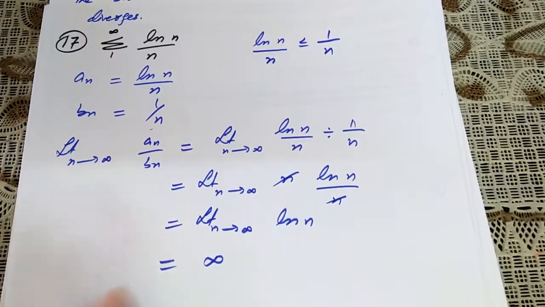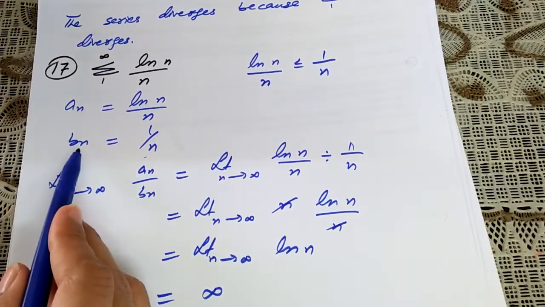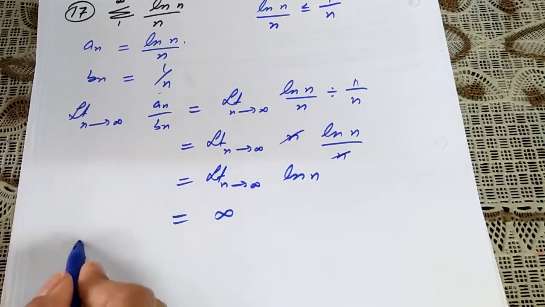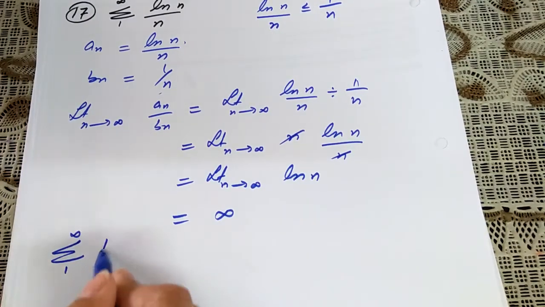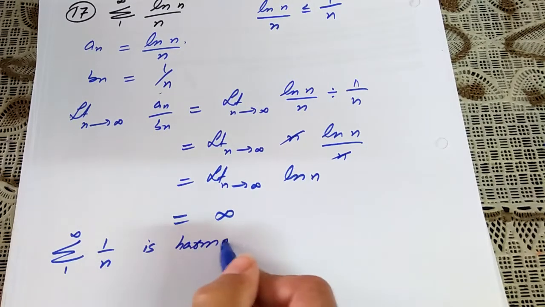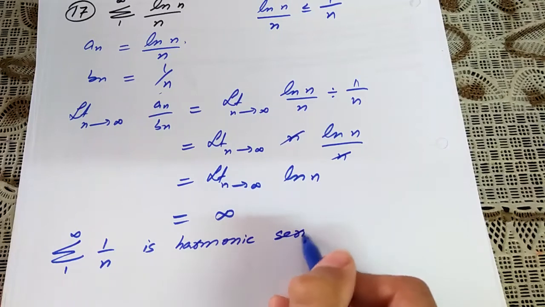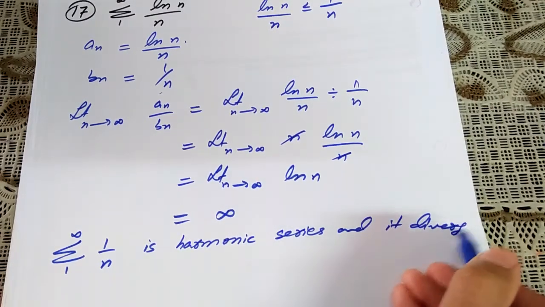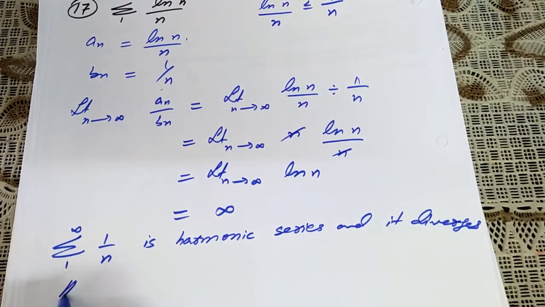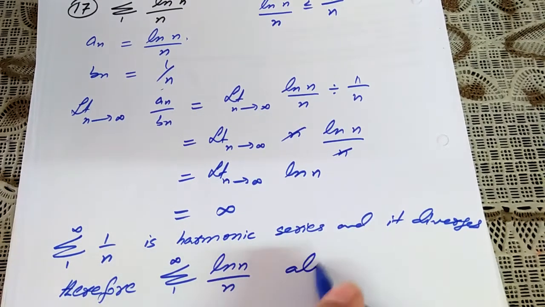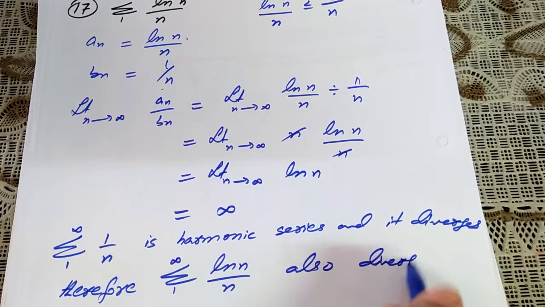So whatever behavior we get for bn will be the same behavior for an. And we know that summation 1 to infinity 1 over n is a harmonic series and it diverges. Therefore, summation 1 to infinity ln n over n also diverges.